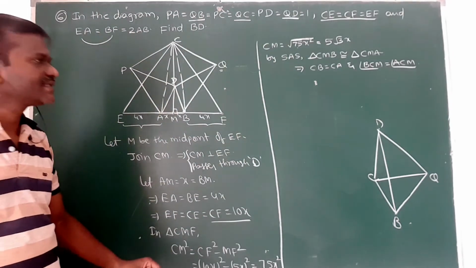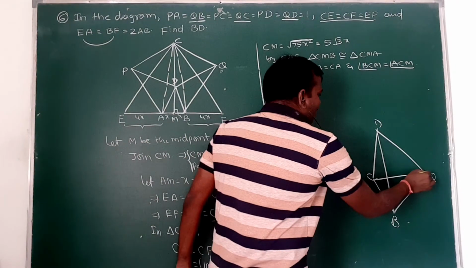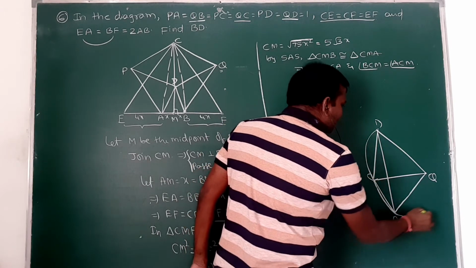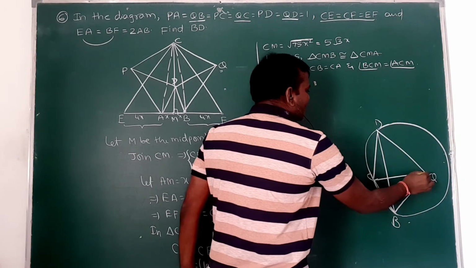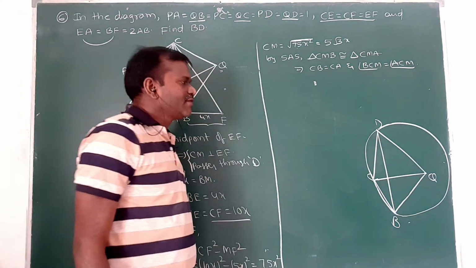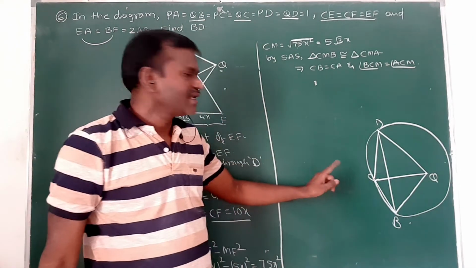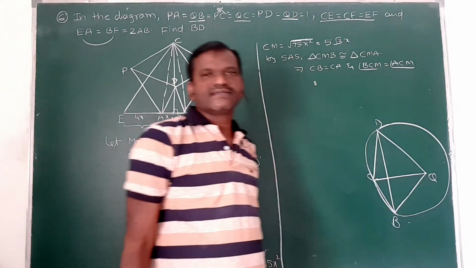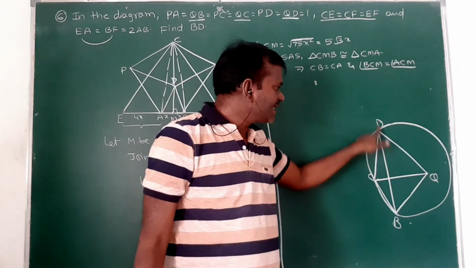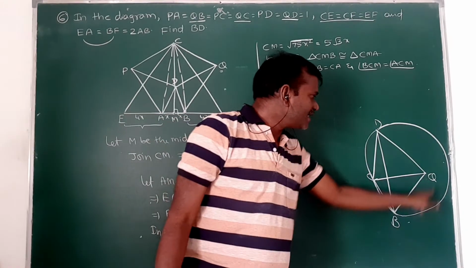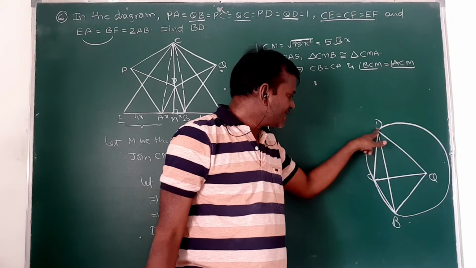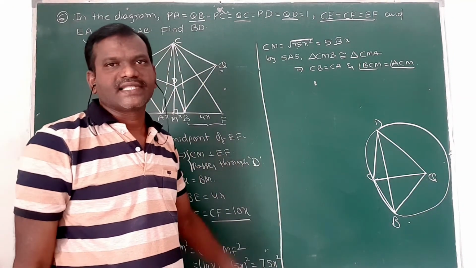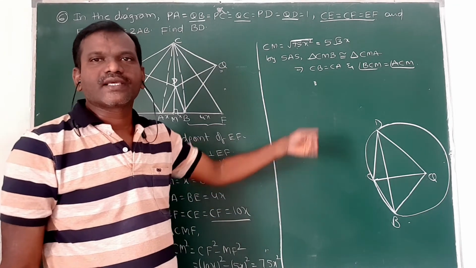So that means this Q is the circumcenter of this circle. If I draw a circle that passes through these points, then Q is the center of this circle. Why? Because I already discussed earlier, if the lengths of the vertices from the center are equal, that is the circumcenter. So the circumcircle of this triangle BCD has center Q, circumcenter Q. That's why QC, QB and QD are equal.